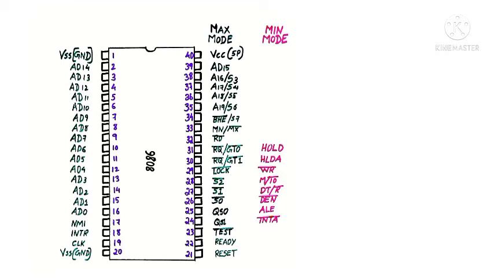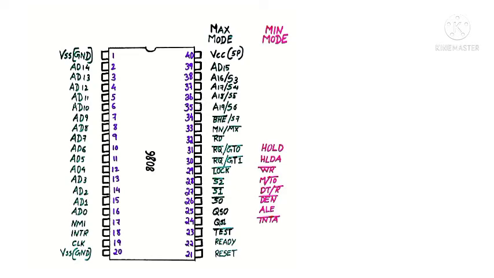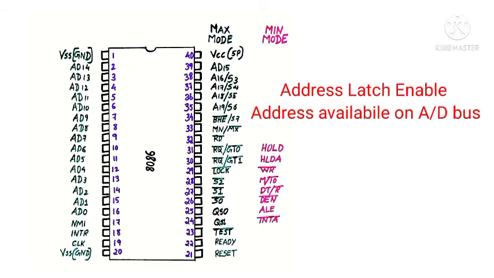So in the minimum mode, pin number 24 is connected to INTA bar. INTA bar indicates the interrupt acknowledgement signal. It is just a signal to indicate that the interrupt has been received. Next, pin number 25 is connected to the ALE signal, address latch enable signal.